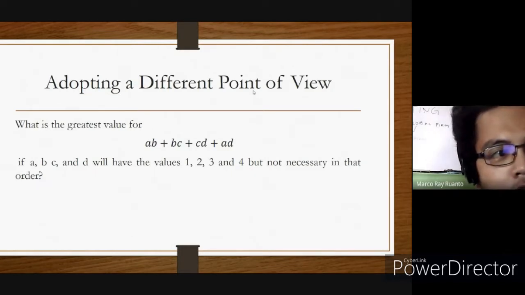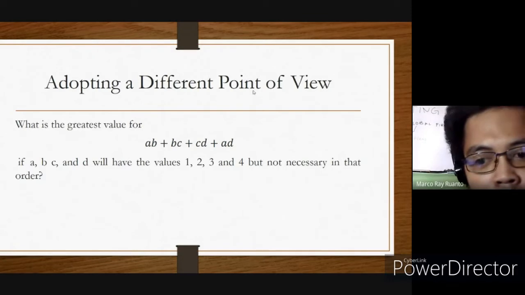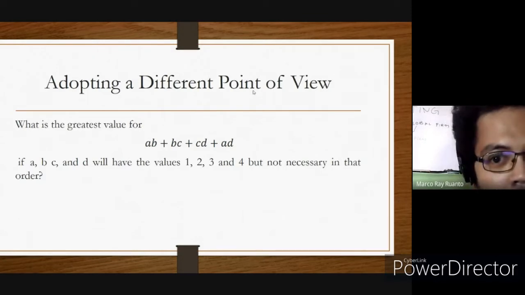So adopting a different point of view is like that. You try to solve the given problem in another method or in a simpler way of finding the answer to the problem. So that's adopting a different point of view.